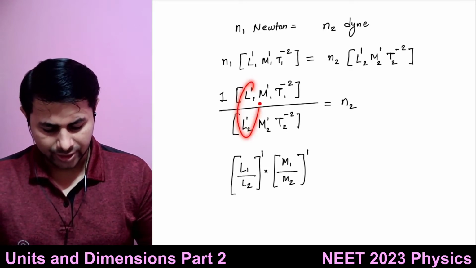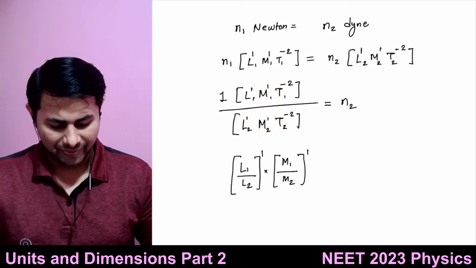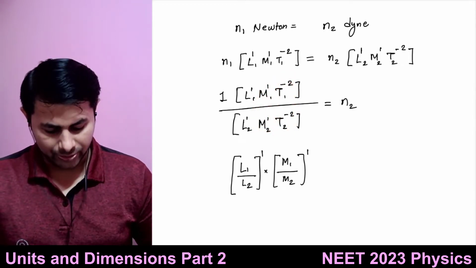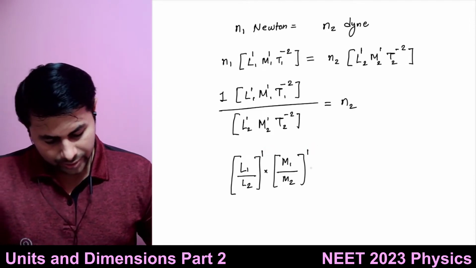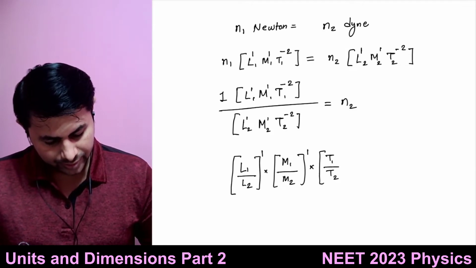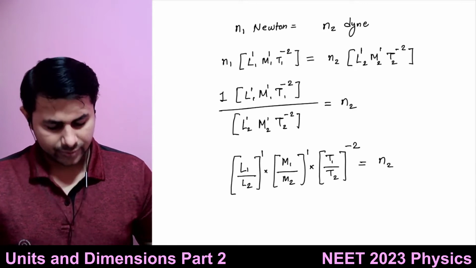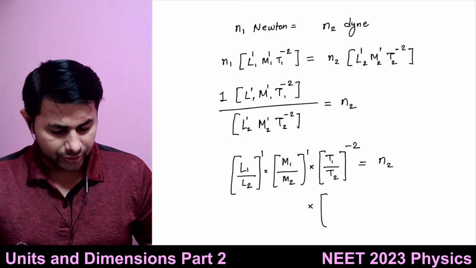I'm just dividing L by L, M by M, and T by T, and whatever the powers are, I will put them over here. So then it is T1 by T2 raised to minus 2.